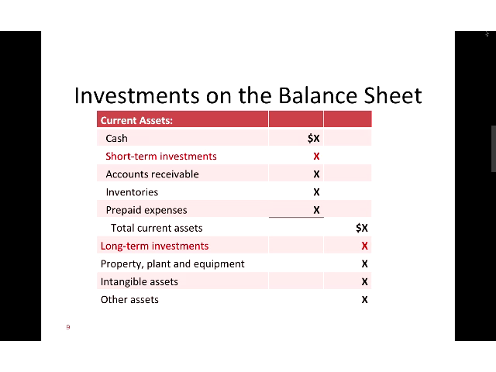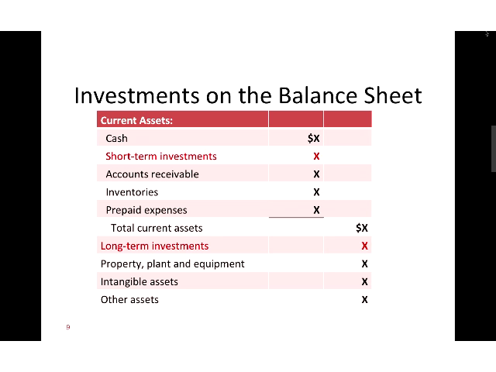And then moving down, typically long-term investments are next. There is some debate whether they go before or after property, plant, and equipment and intangible assets, but they're down in the long-term section, not in the current assets. So short-term investments are in current assets. Long-term investments belong down in the long-term section.